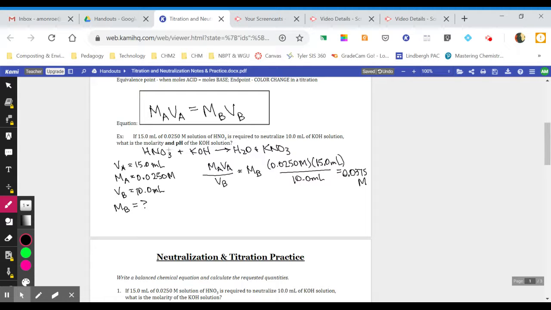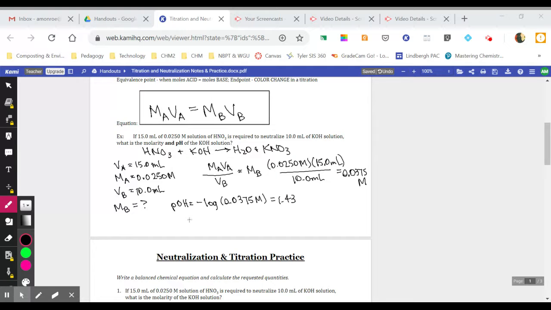Now, some of these questions also ask you to find the pH of the solution, and so you have to do a little bit extra calculation. Now, because we found the molarity of the base, if I take the negative log of this number, I'm actually finding the pOH because it's got an OH in the formula. So the pOH is going to be the negative log of 0.0375, which is 1.43.